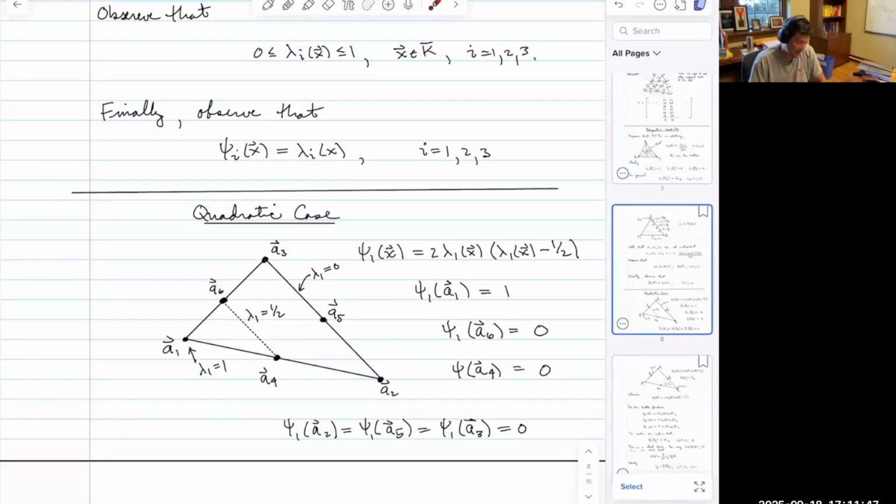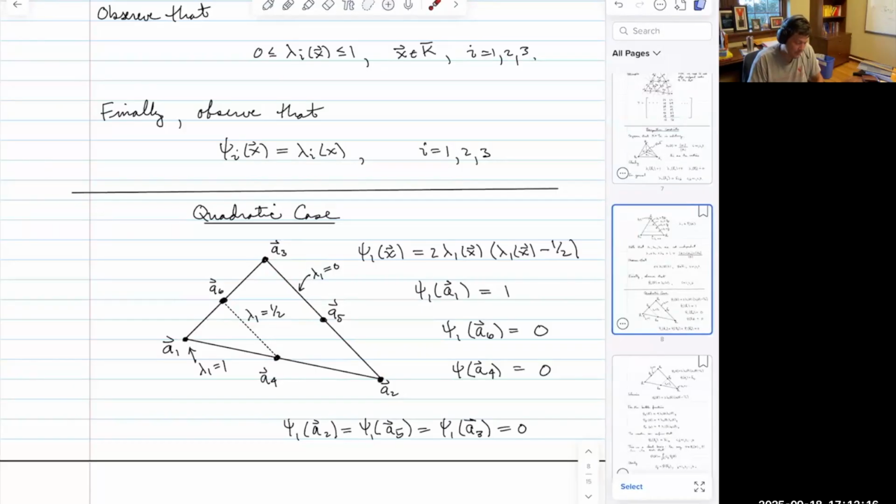Suppose we want to look at psi 1. Psi 1 is going to be 1 here, and it's going to go down like that, and it's 0 at those guys, and it's going to be 0 at these guys. So it should be 0 all along that line, 0 along that line, and so that's what it looks like. So how can I write psi 1 in terms of my barycentric coordinates, lambda 1 and lambda 2 and lambda 3?